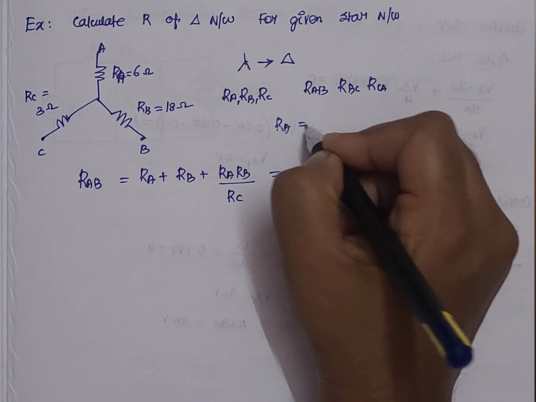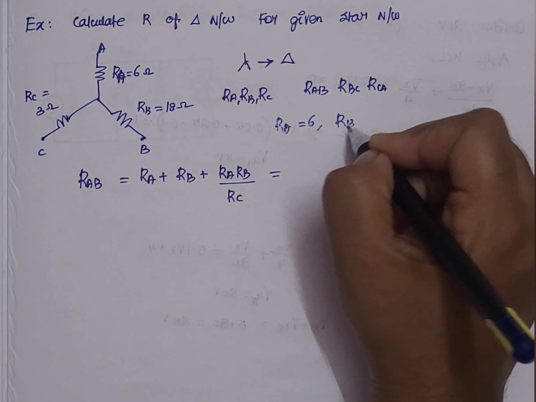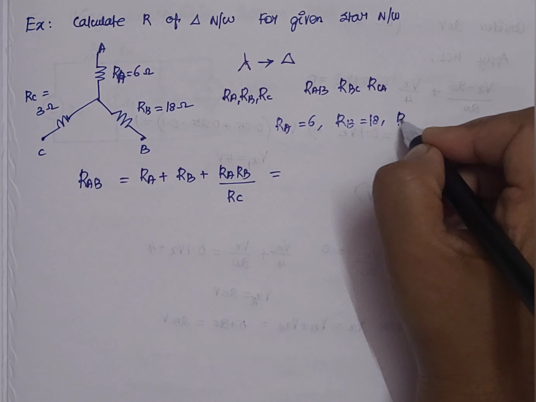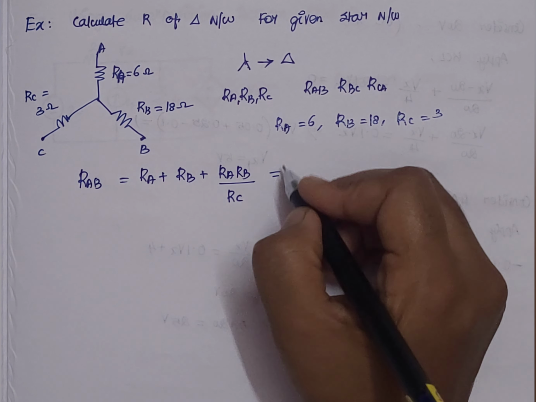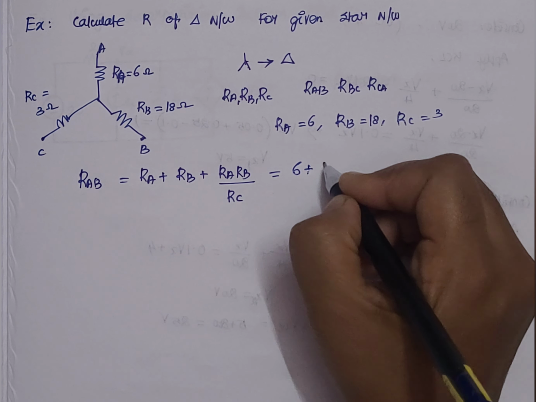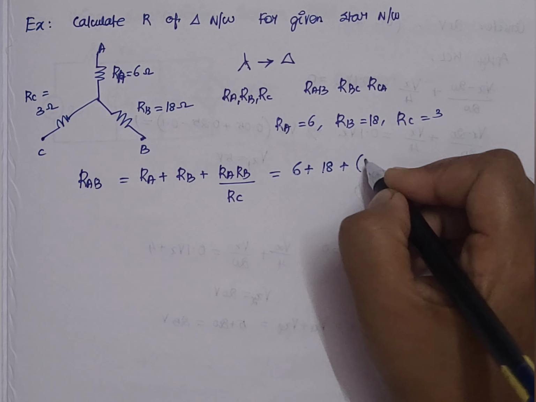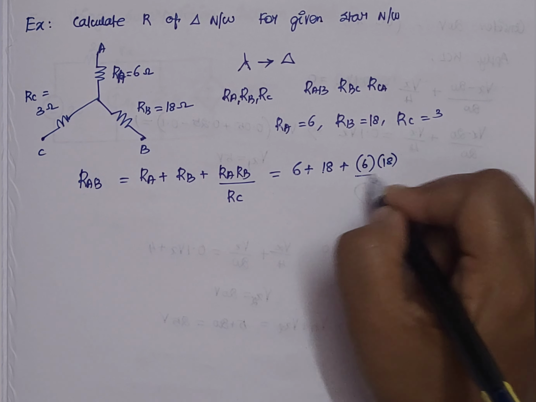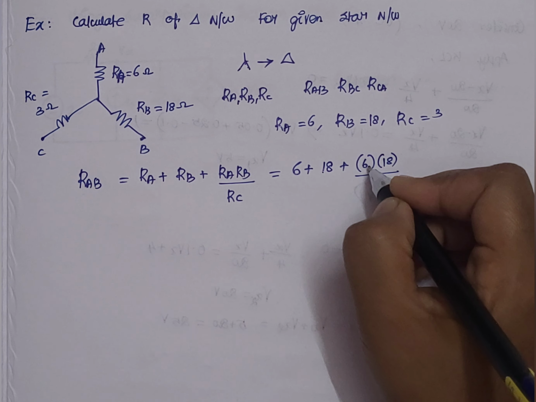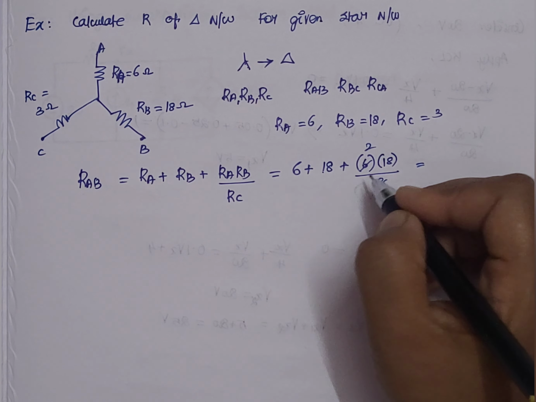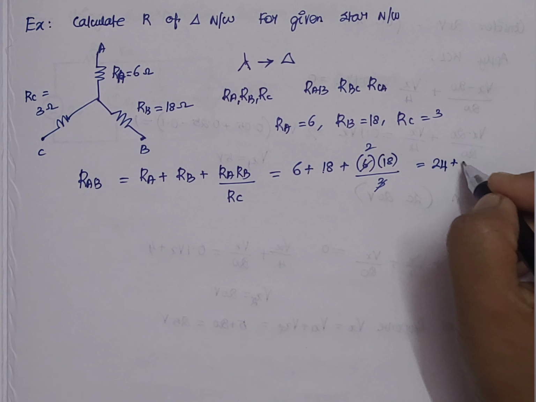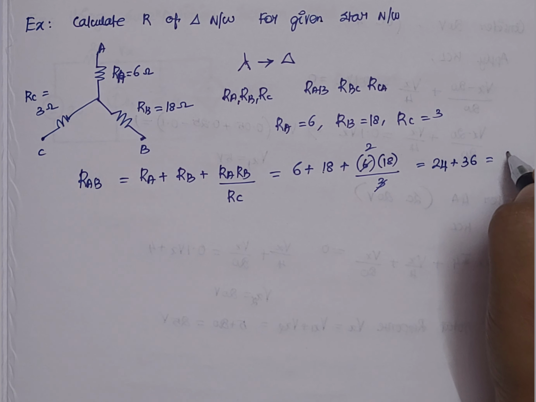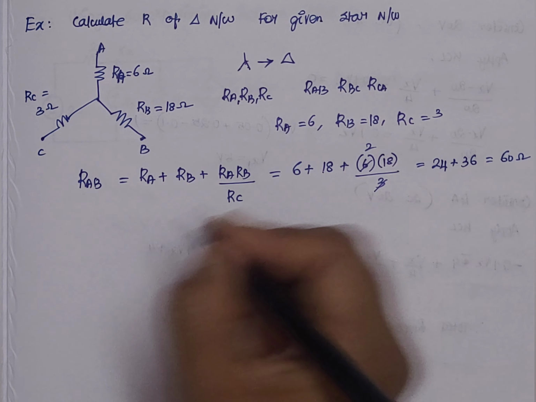RA is given as 6 ohms, RB is 18 ohms and RC is 3 ohms. RA is 6 plus RB is 18 plus 6 into 18 divided by RC 3. Simplifying this, we will get 24 plus 36, which is equal to 60 ohms.